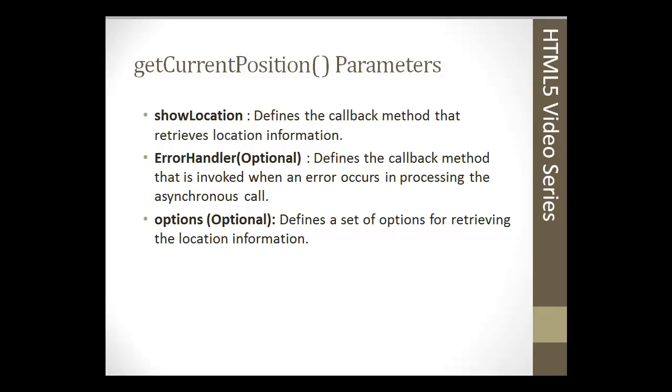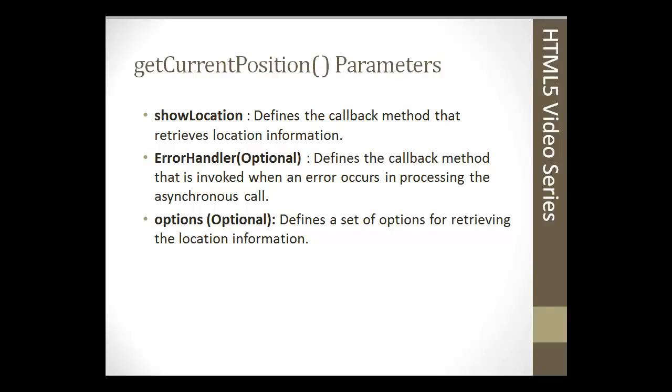Okay, so like I said in the last slide, the getCurrentPosition method gets 3 parameters, and first is the required parameter of show location. This is a handler method that gets called if the position is obtained successfully, and this method is specified by the success callback parameter, which I'll display in the programming part of this section.